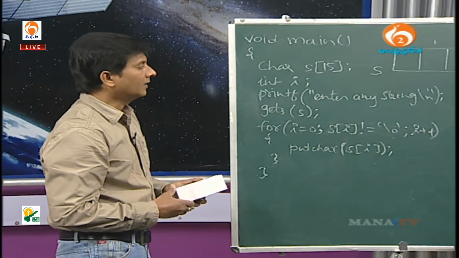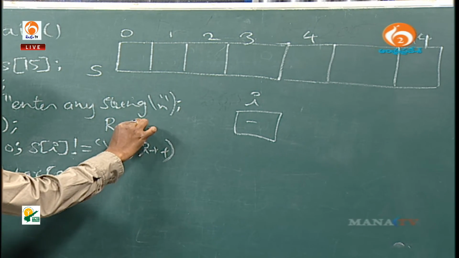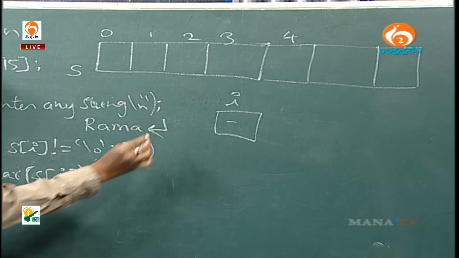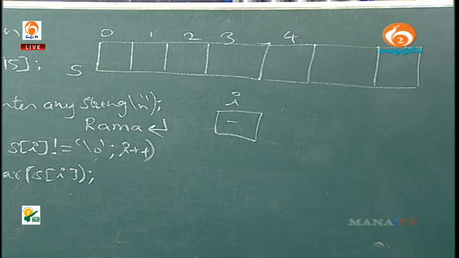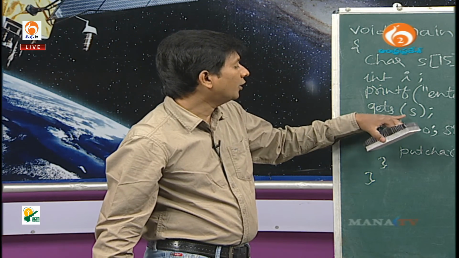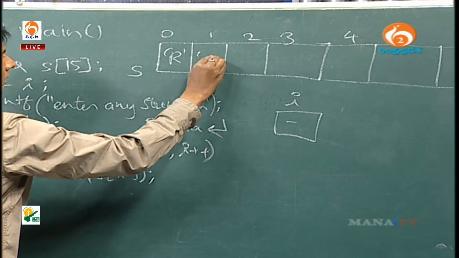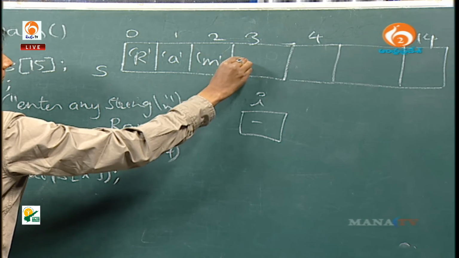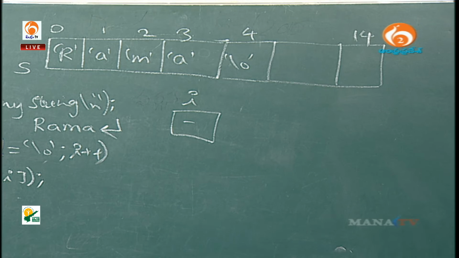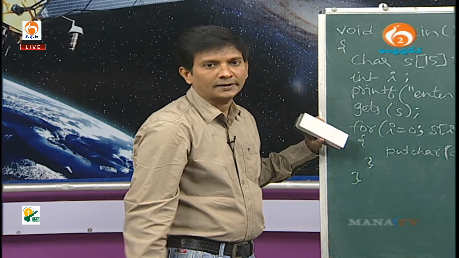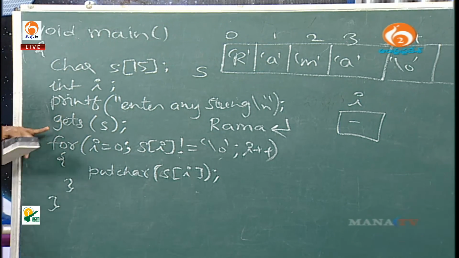Printf, enter any string. Here I entered Rama. This Rama is read by using the gets function and stored into s: R A M A \0. The moment you press enter, \0 is read from the keyboard. Rama \0.